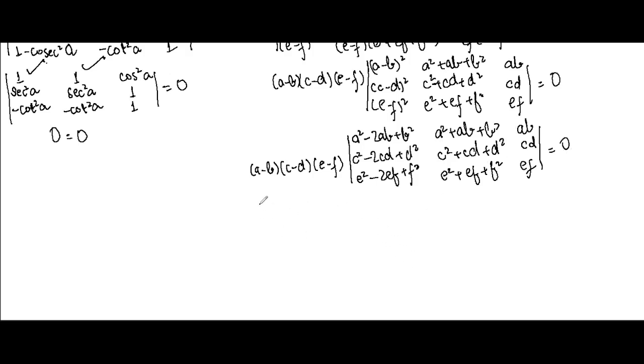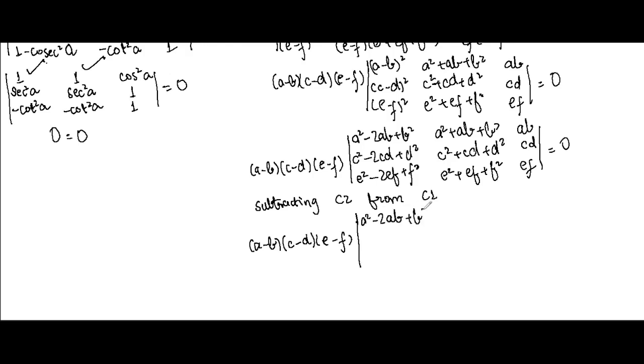So we are going to execute our plan by subtracting column 2 from column 1, and we have (a − b)(c − d)(e − f). Then we subtract: a² − 2ab + b² minus a² minus ab minus b², and the rest is written as it is: a² + ab + b² and ab.